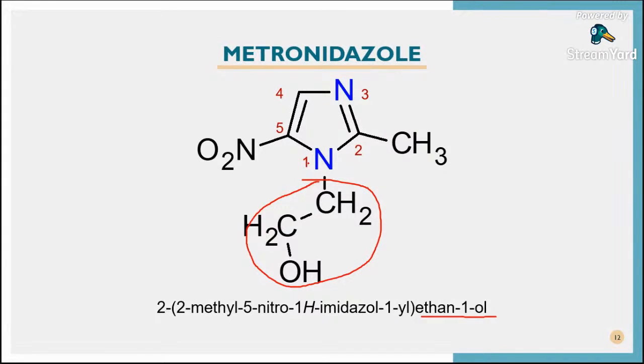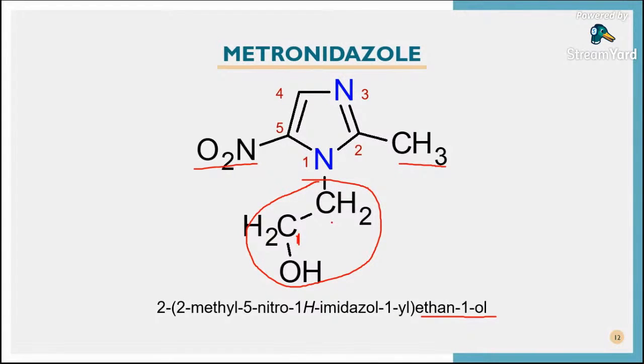Already we have discussed the nomenclature system of the nitro compound. At that time we came to know that the nitro group is always considered as a substituent. So this is considered as a substituent. Okay. Methyl is also a substituent. So this is the alcohol.